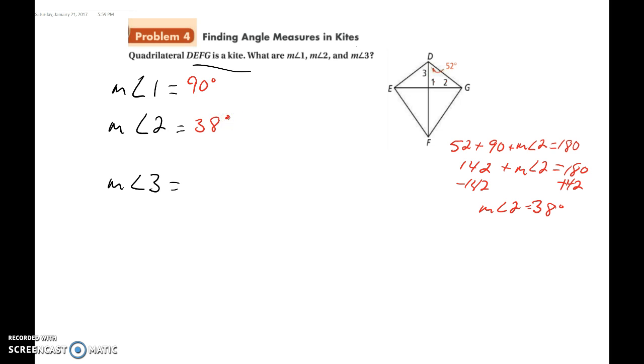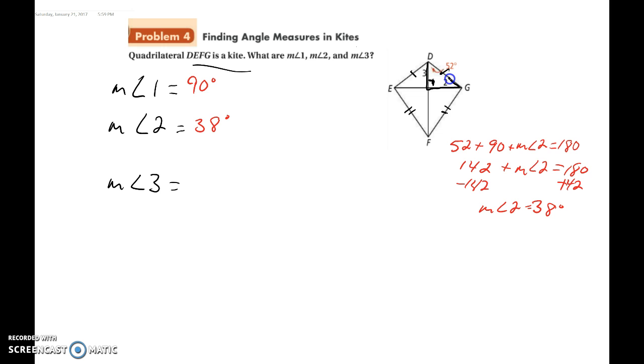Now, if you think about this for a second. If this is a kite, these are the two congruent sides, and these are two congruent sides. We know that they have a consecutive congruent side, and clearly DG is not congruent to DF. And this is a right angle.